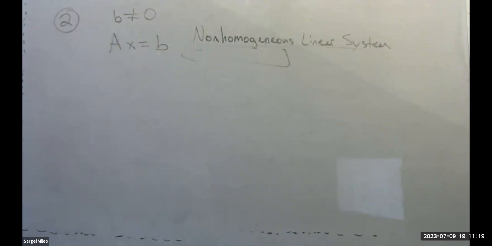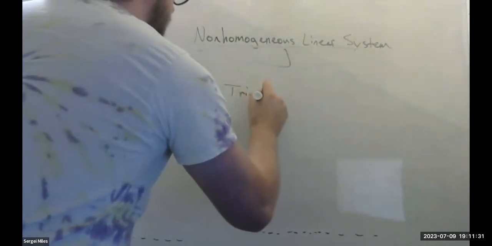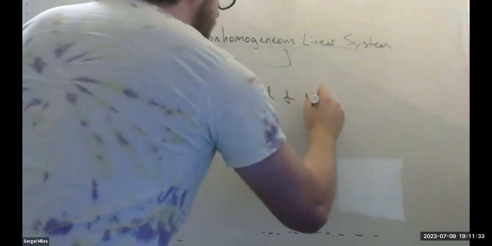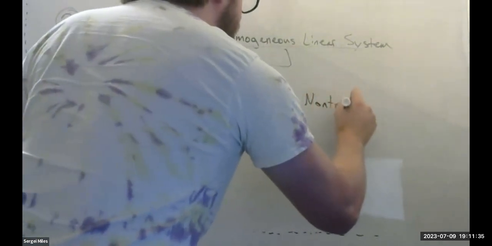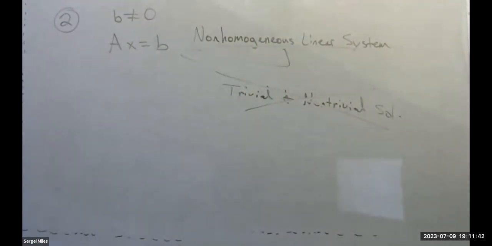Now, there is a key difference I want to highlight here. The idea of trivial and non-trivial solutions, those vocabulary terms do not apply here. So again, trivial and non-trivial solutions do not apply here, right? Those are special terms which are given for types of solutions with homogeneous systems.